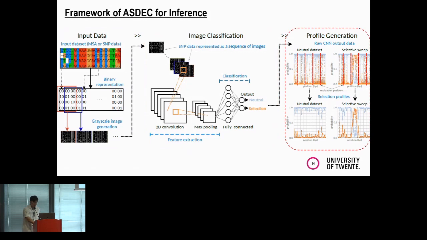After that, the CNN will output what we call a profile output, which is a visualization of the probability along the genome. And after that, we utilize post-processing to remove the misclassified results in the profile generation stage.